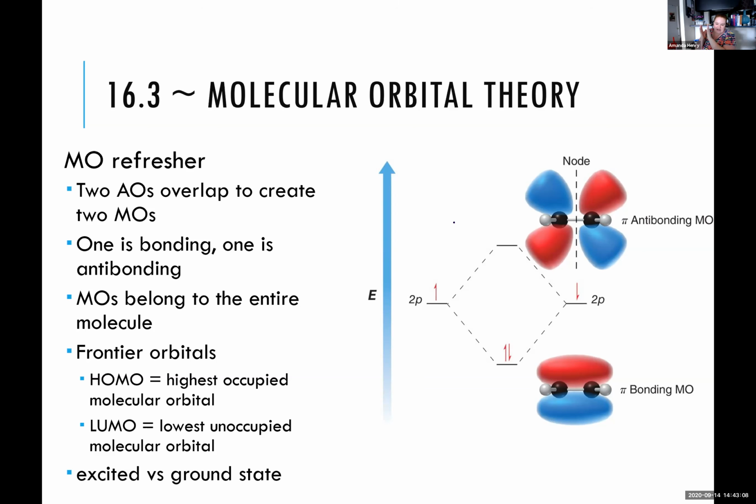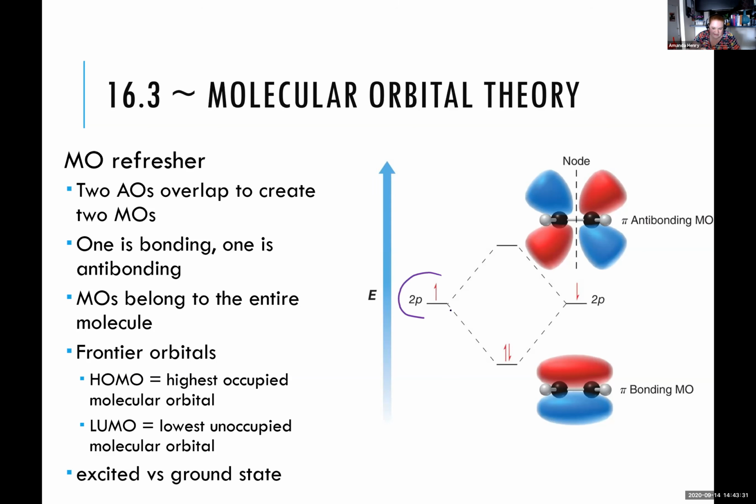So this slide is intended to give us a reminder on the terms and the acronyms. And then the next couple slides, we're going to look at how to apply this to our conjugated dienes. So our diagram there is a molecular orbital diagram, or an MO diagram. There's essentially three parts to it.